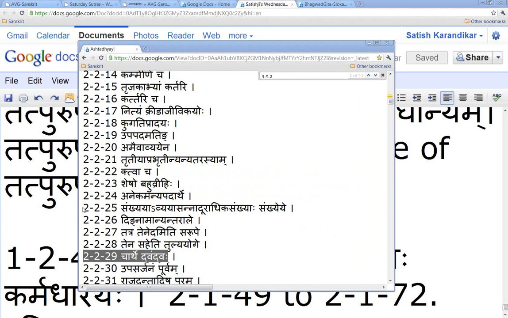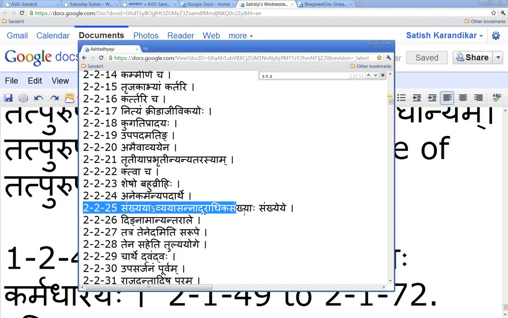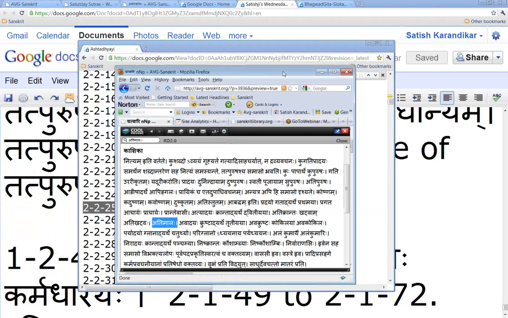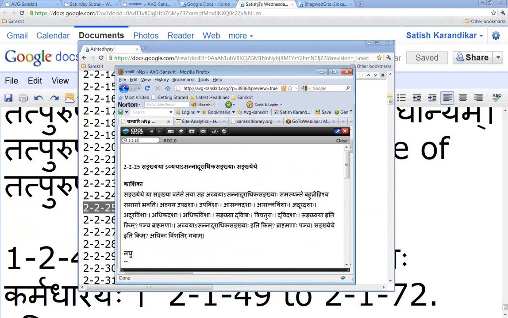Let's look at 2.2.25, sankhyayaha vyan sadanupur sankhya sankhya. So we can have something like dvitraha. A word like dvitraha means 2 or 3. It says upavimshaha asannadashaha. So trichaturaha. Trichaturaha means there are 3 or 4.